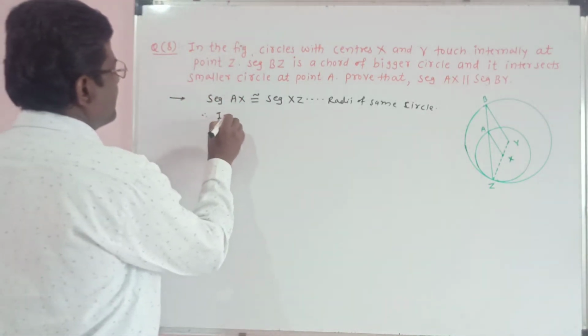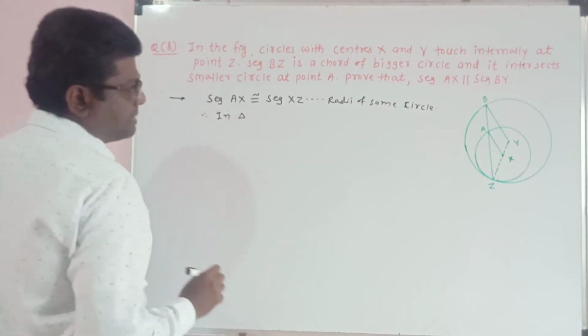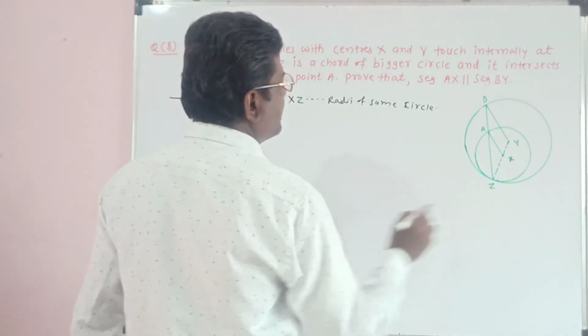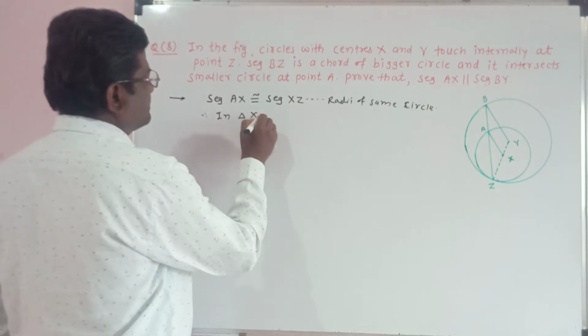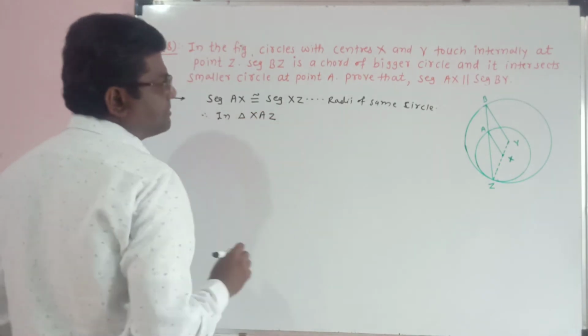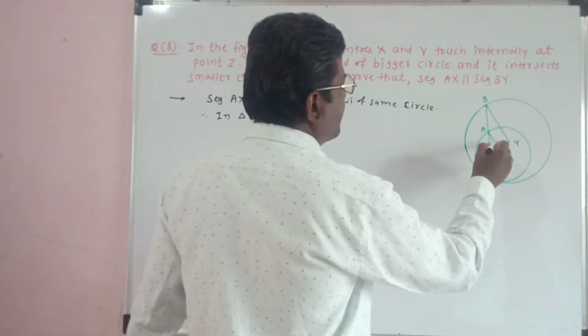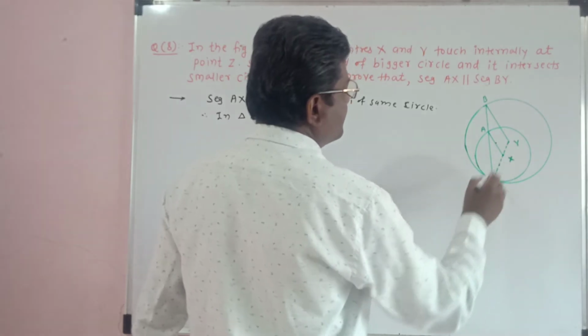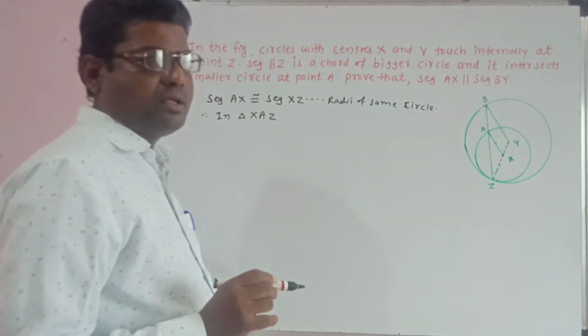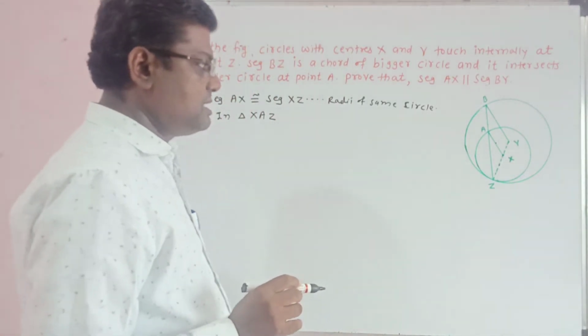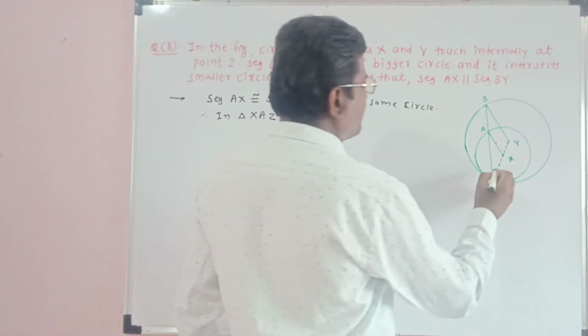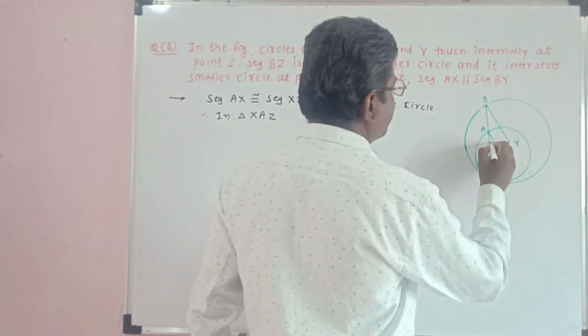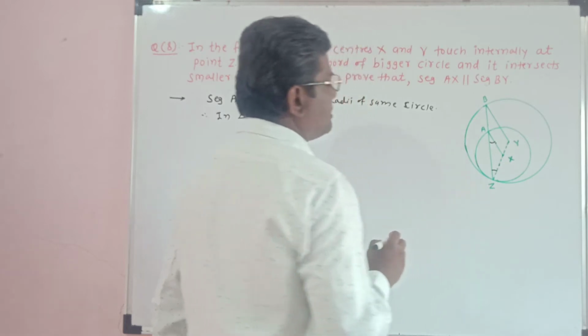Therefore, in triangle XAZ, AX is equal to XZ. These two sides are equal. Therefore, it is an isosceles triangle. Therefore, this angle and this angle are congruent.